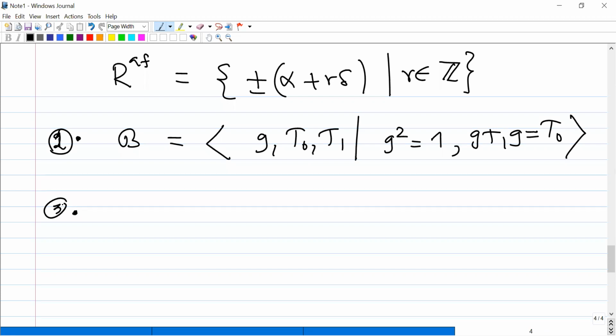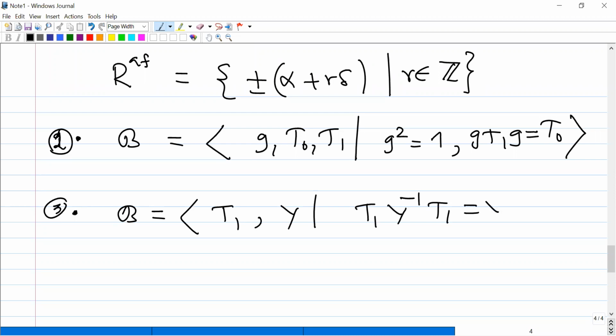For the third one, we can take Y to be this T naught G, which is the same as G T1. Using that, one can give this new presentation. It is generated by T1 and Y with the relation T1 Y inverse T1 equal to 1.